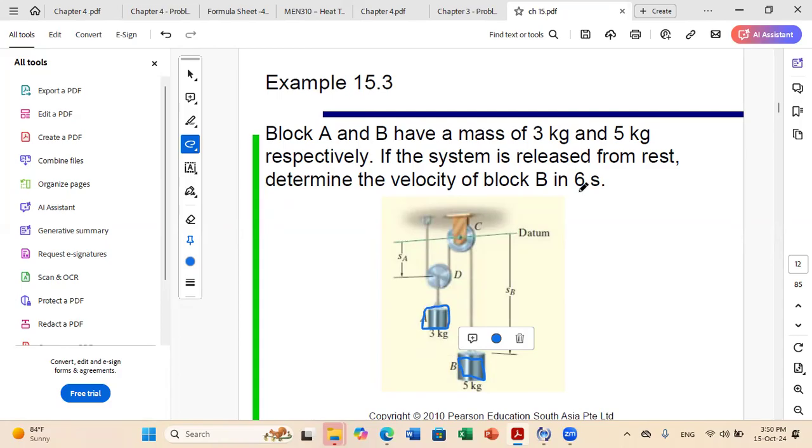Okay? So in this problem, if you want to solve using impulse and momentum, we can take block A first, okay? If I take block A first and I consider forces acting on it, what are the forces acting on it? I have the weight, WA, and I have the tension, TA.